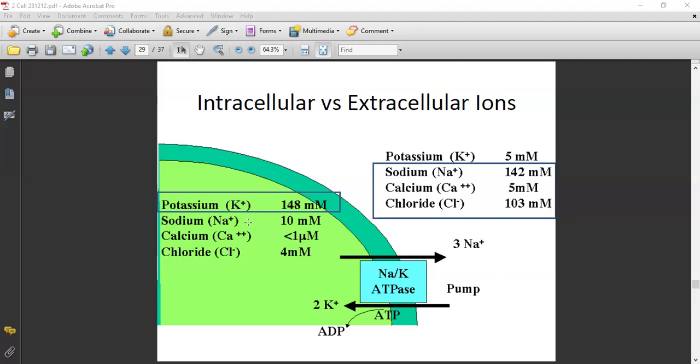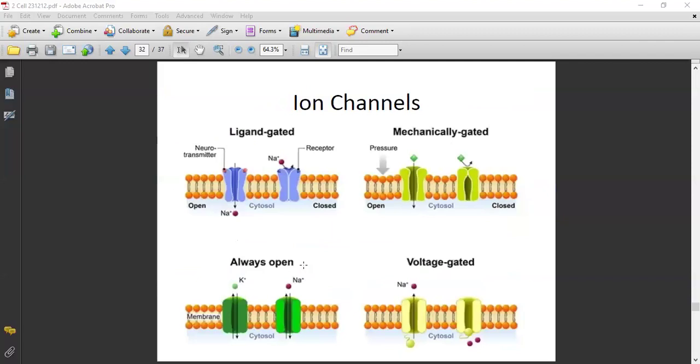What makes a cell excitable is that these cells produce unique proteins anchored on the membrane. These unique proteins are voltage gated sodium channels.